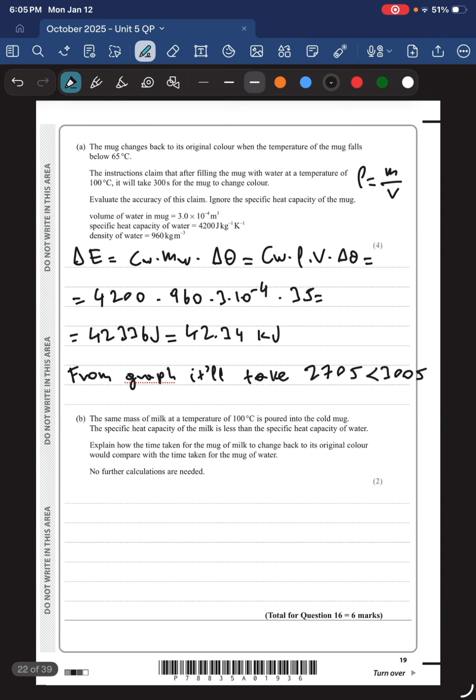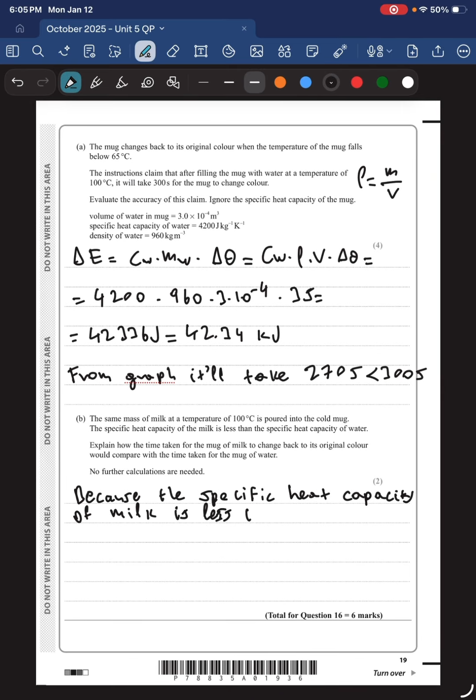So because the specific heat capacity of milk is less than that of water, it will take less time.